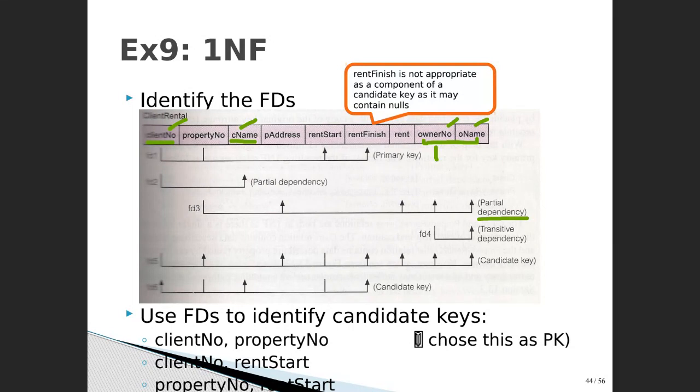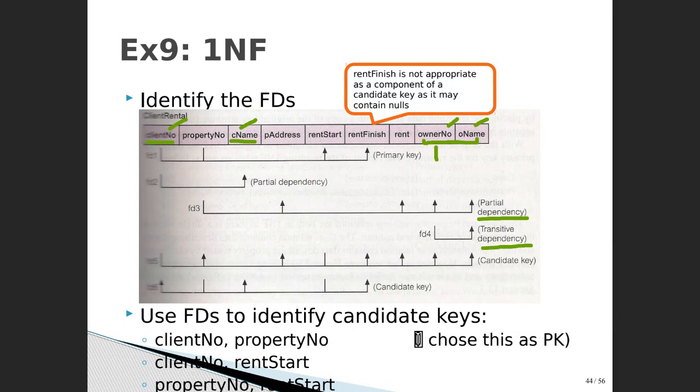How about the transitive? Transitive means, for example, when property number determines the property address, and property address determines owner number, then owner name will be functionally dependent on property number.